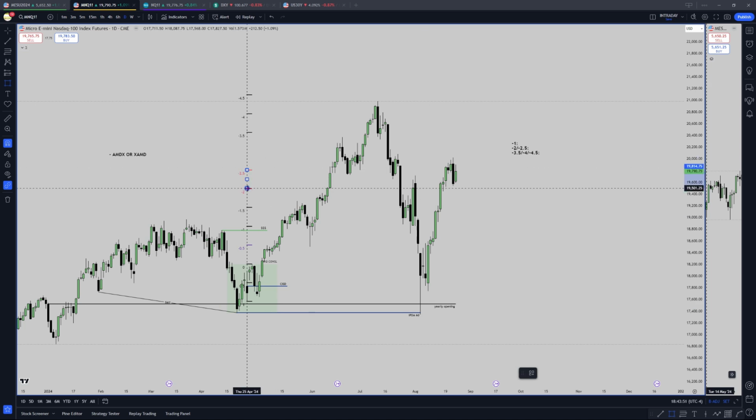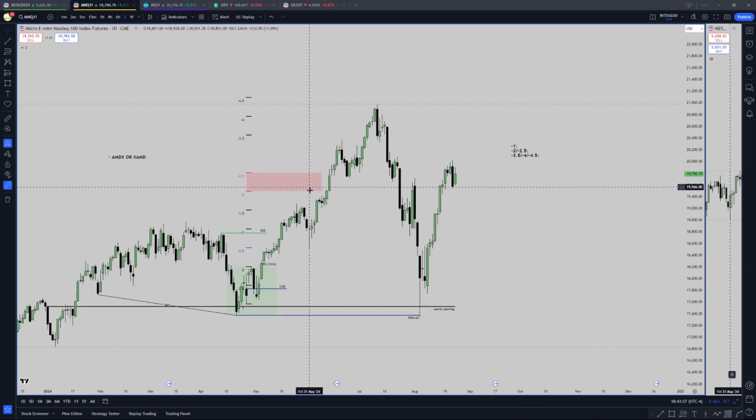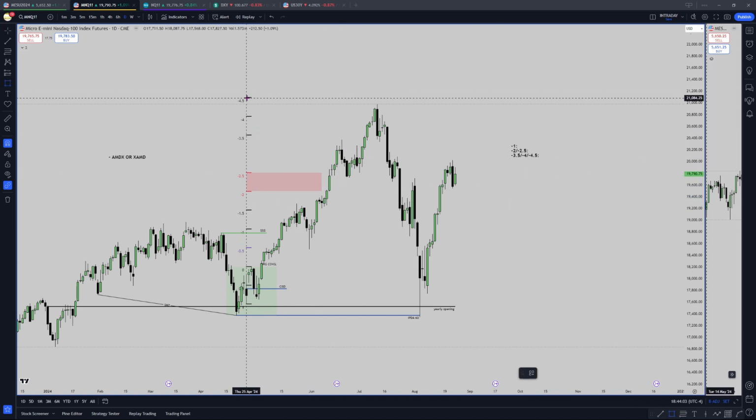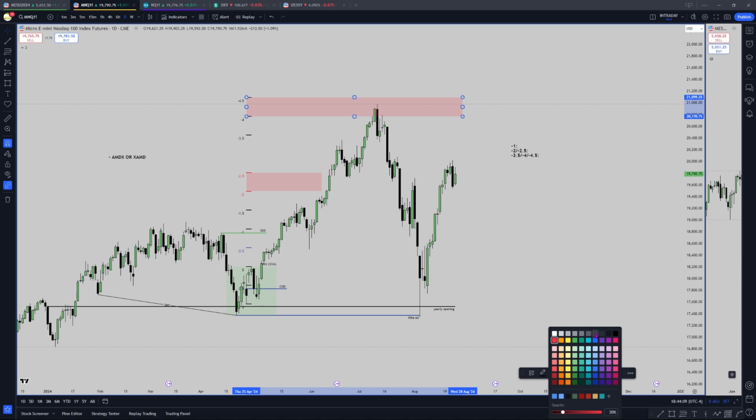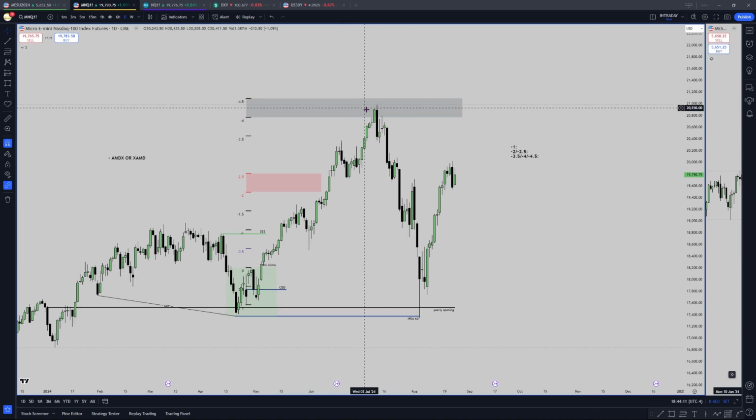So this area is typically your first stage of max expansive energy, per se. And when we get full body closures through -2 to -2.5, price will more than likely reach its terminus for that market maker model. So you guys can see we have reached terminus of this market maker model. And what do we do? We start to reverse.